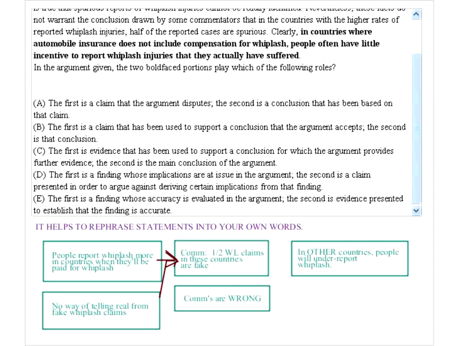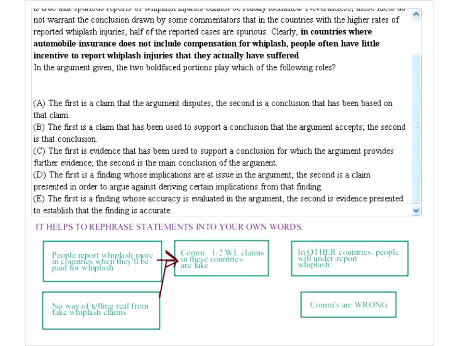But the commentators are incorrect about that. So this stuff is a counter argument. That's a but. And then if we use a therefore test here, the commentators are wrong, therefore in other countries people will underreport whiplash. No. In other countries people will underreport whiplash, therefore the commentators are wrong. So that's this way.